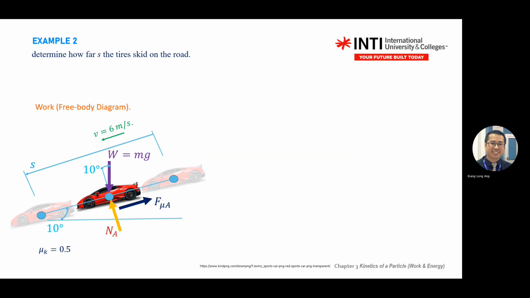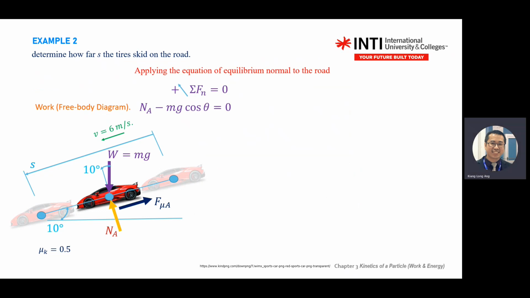Okay. We start to apply the equation. So you try to figure out this NA. In this case, you pull back a little bit from statics, where in an equilibrium condition all the force in the normal direction, the direction perpendicular to the surface, is 0, because the car does not fly off, and the tires are not pressed into the surface.